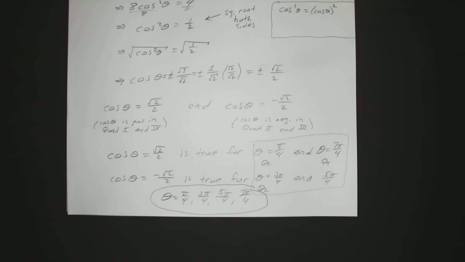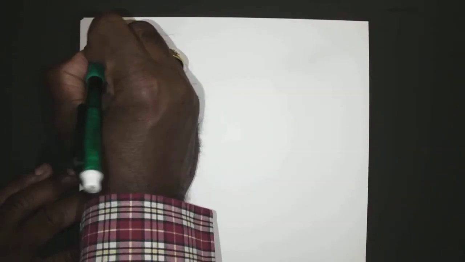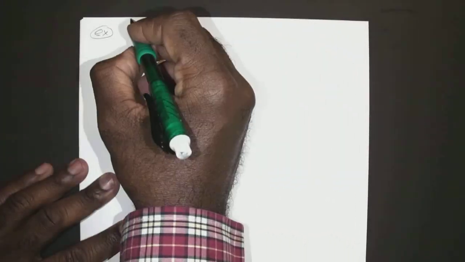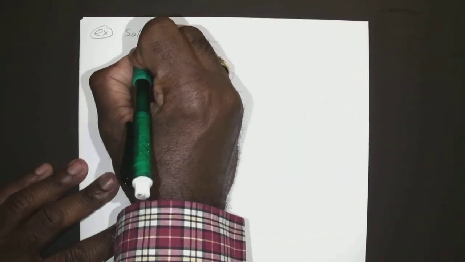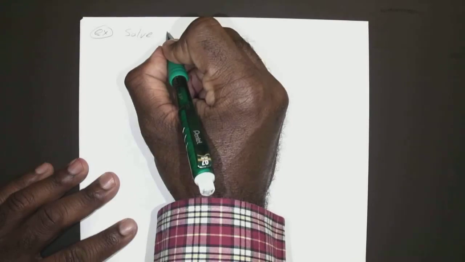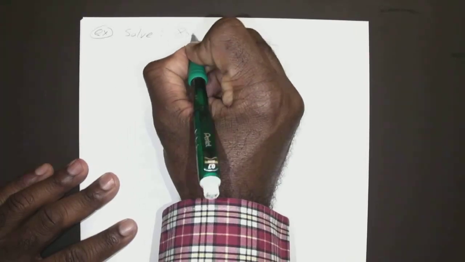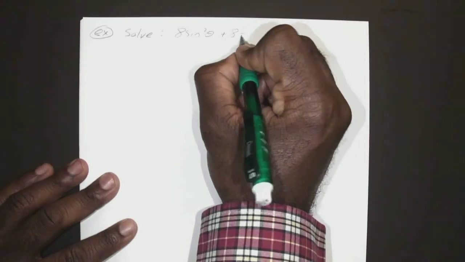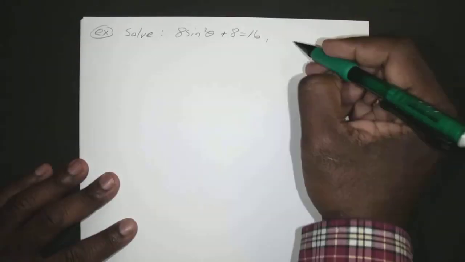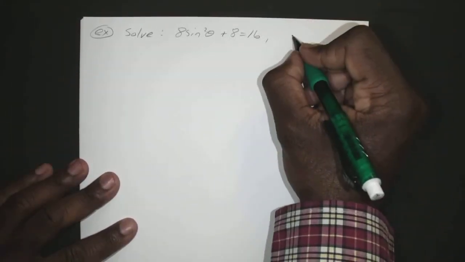All right, so let's say for our next example, we wanted to solve 8 sine squared theta plus 8 equals 16, where theta is between 0 and 2 pi.